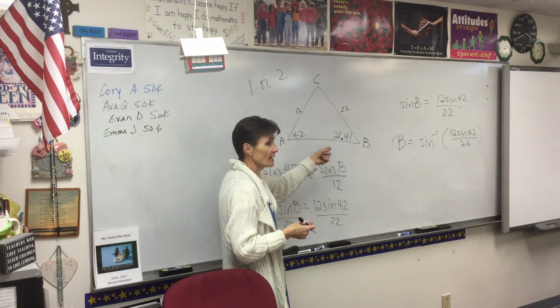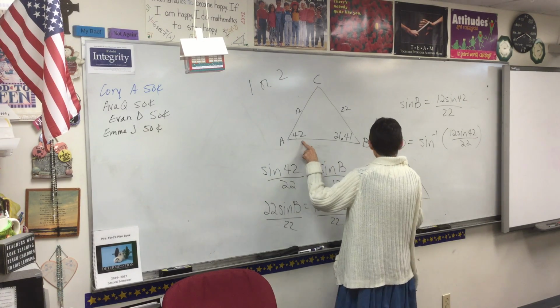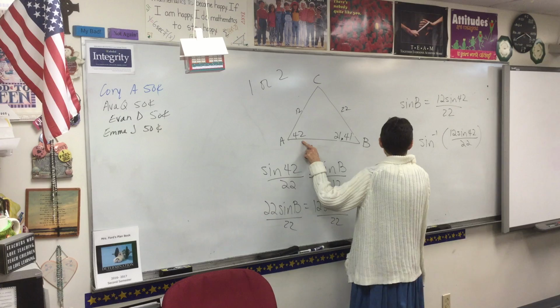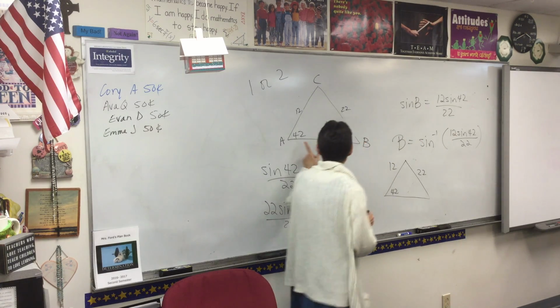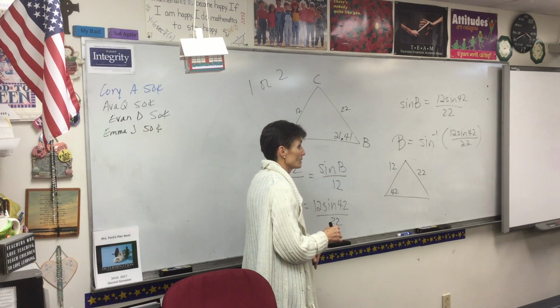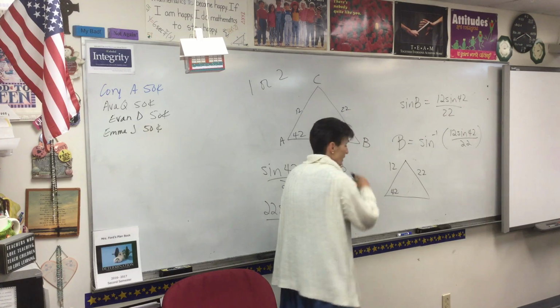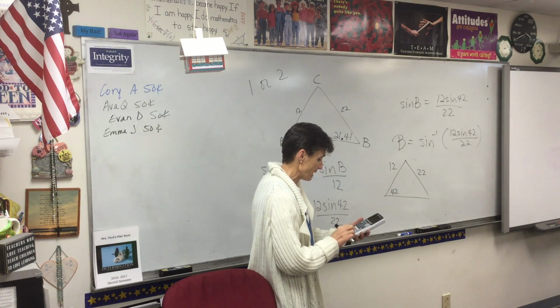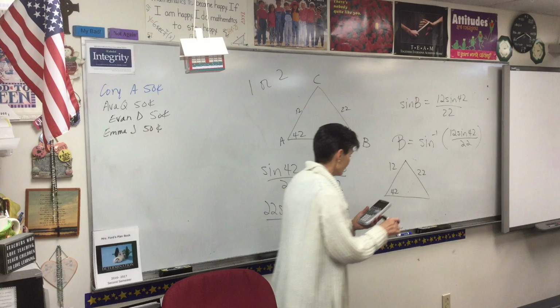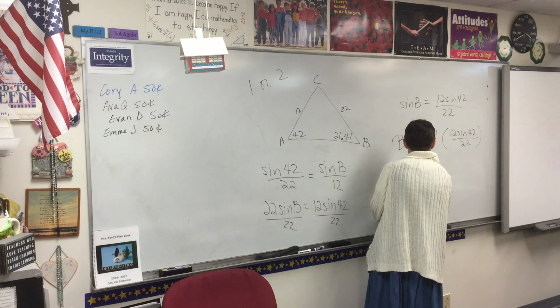Now, as soon as you get an answer, over to the side, you redraw the given triangle with the given information, the 42, 12, and the 22. And then you fill in this angle right here, but you don't put 21 in there, you put 180 minus 21, which is 158.6 or 59.